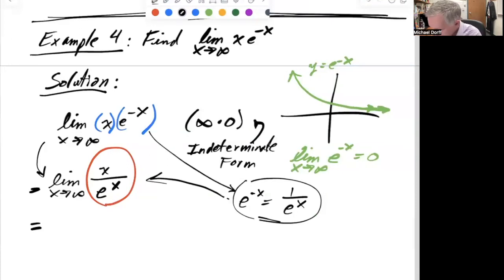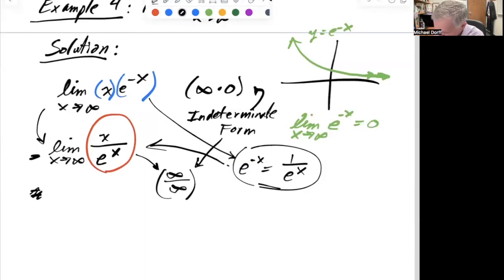And now we notice, if x is going to infinity, this gives me infinity over infinity. That's what this is. And that's an indeterminate form, but it's an indeterminate form that's a rational expression. And so now I can apply L'Hopital's rule. So we're going to use L'Hopital's rule at this point.